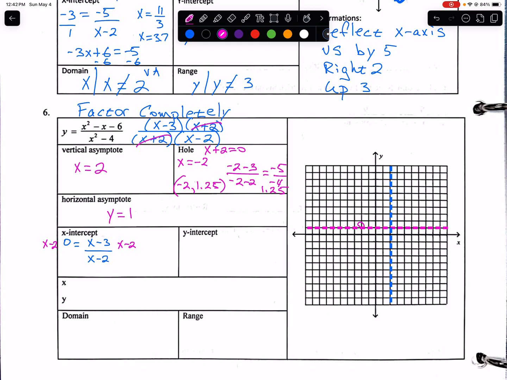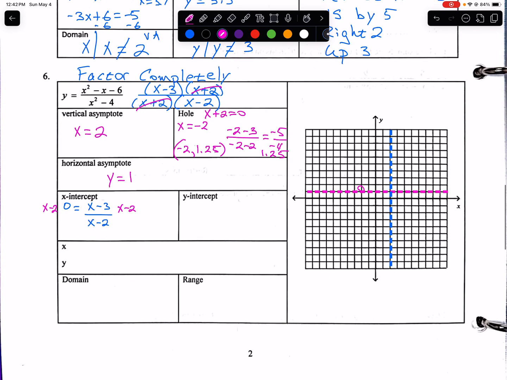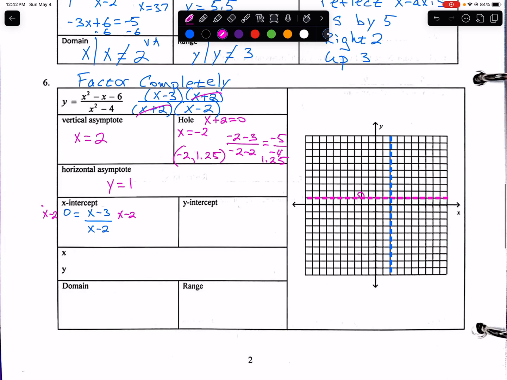Don't let it. What's 0 times that? 0. So write 0 equals x minus 3. And then you add 3. See? Don't let that freak you out. So 0 equals x minus 3. So when you plug in 0 for y, you get 3 for x. So 3 comma 0. Write it like an ordered pair so it doesn't mess with you.